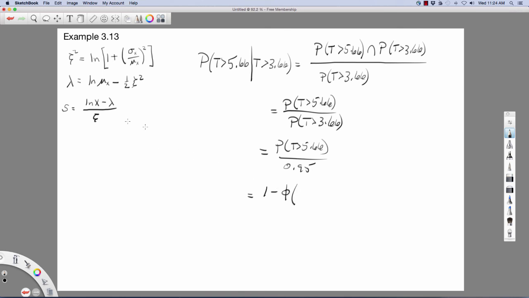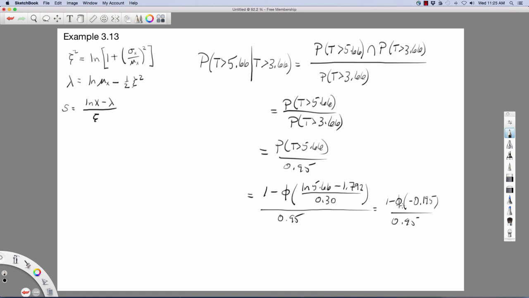And again, we're dealing with a log normal distribution, so we need to take the natural log of 5.66 minus 1.792 divided by 0.3, that whole thing over 0.95, which is 1 minus the CDF function of a negative value, 0.195, over 0.95.